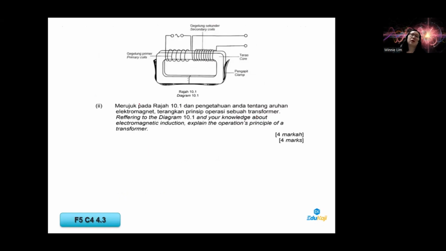Next is the concept idea. Referring to diagram 10.1 and your knowledge about electromagnetic induction, explain the operation or principle of the transformer. Okay, so how the transformer can step up or step down voltage is due to the difference in the number of turns.